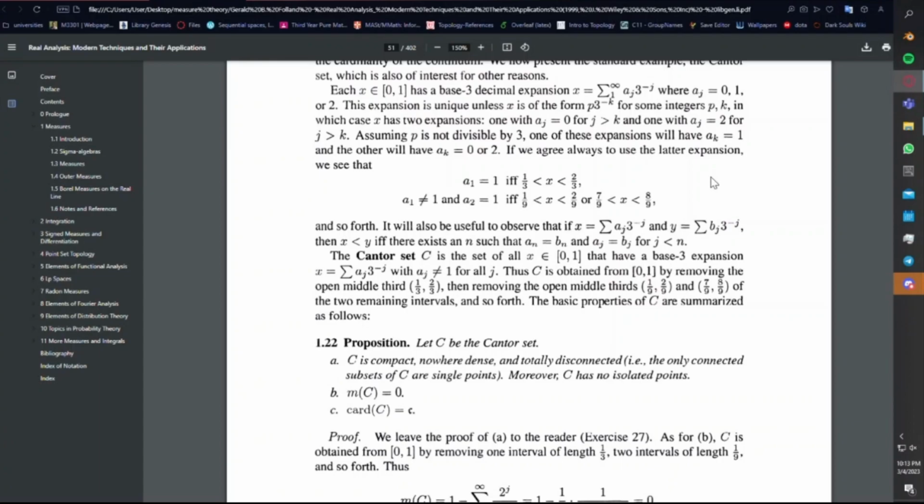When you're cutting out the middle third in the first step, if you think about ternary expansions, every number between 0 and 1 starts with either 0.0, 0.1, or 0.2. By excluding 0.1, you're deleting the middle third. And you're just doing that at each digit. Oh, I see. That makes sense.